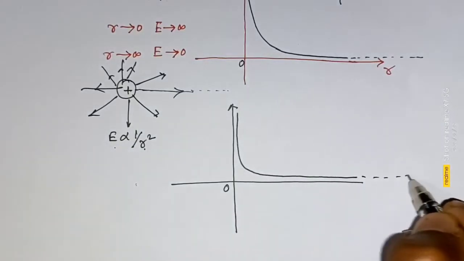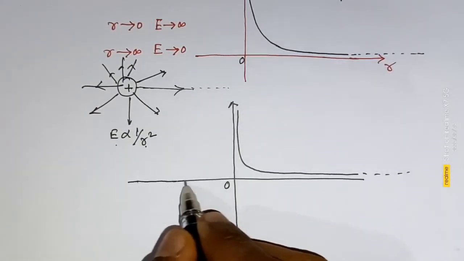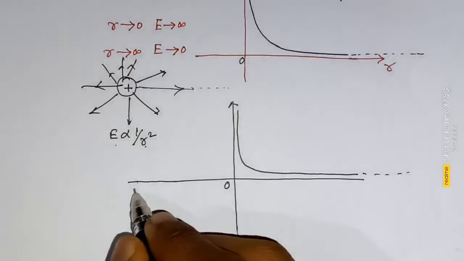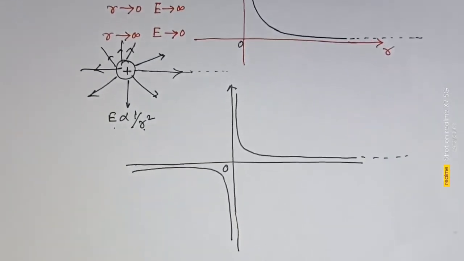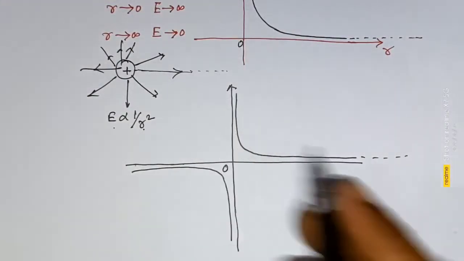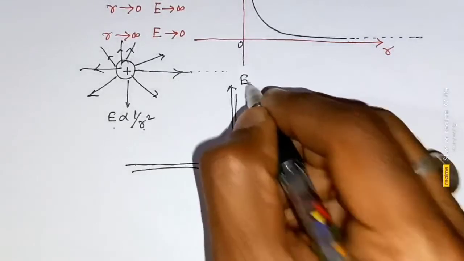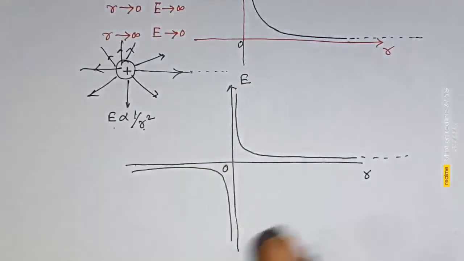And where will it go to 0? At infinity. The same symmetrical pattern one can draw here also. Yes, for the positive charge, this is the electric field with distance graph, and the graph will be like this.